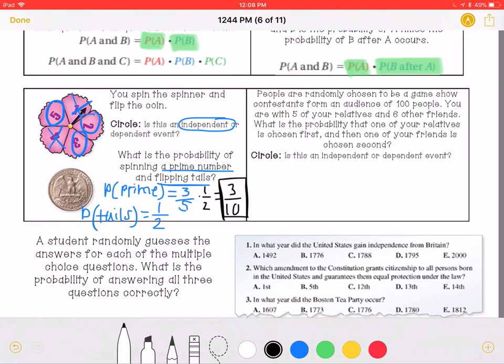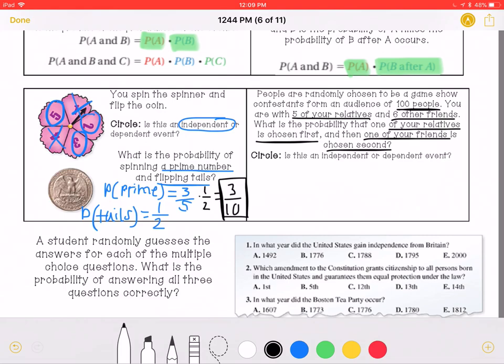Let's take a look to the right. People are randomly chosen to be a game show contestant from an audience of 100 people. You are with 5 of your relatives and 6 other friends. What's the probability that one of your relatives is chosen first and then one of your friends is chosen second? So we want your relative or family to be chosen first and then a friend to be chosen.